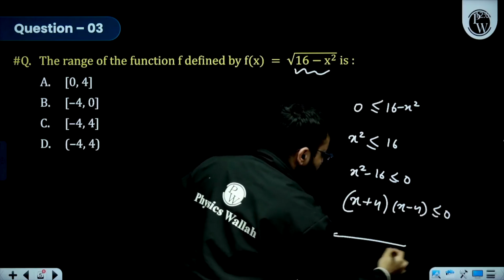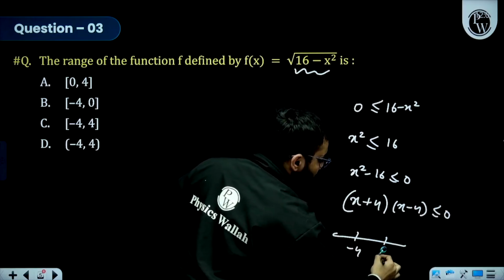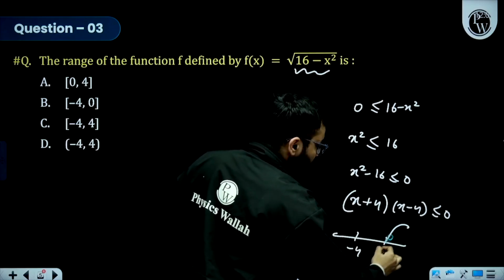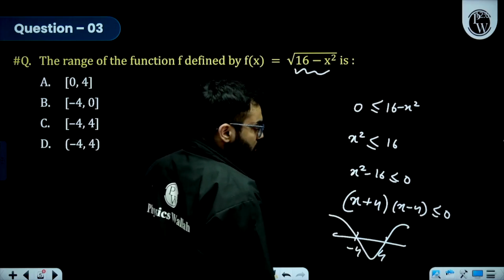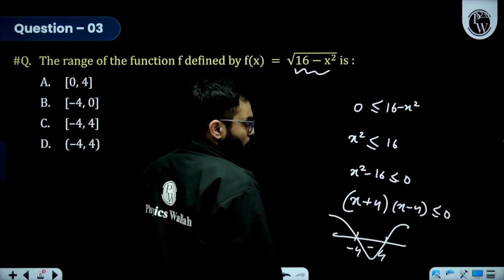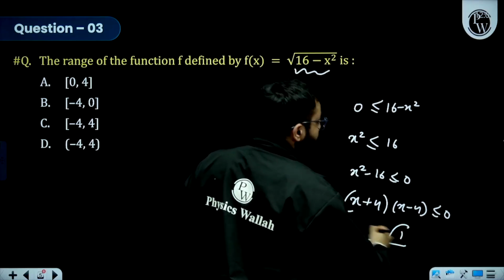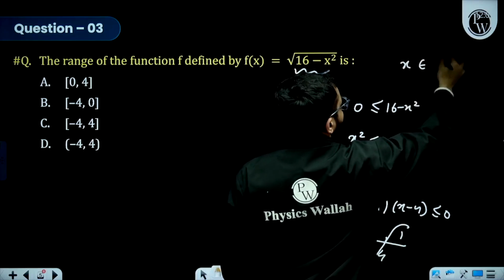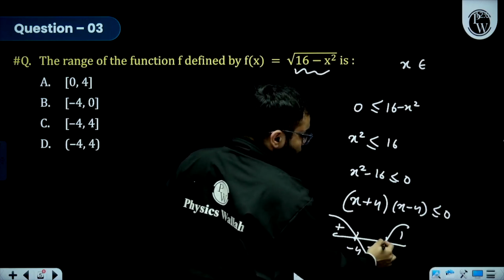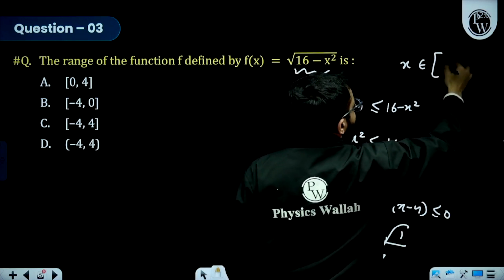We can make a wavy curve for this, with minus 4 and plus 4. The region that matters to us is this one. So x can take values from minus 4 to 4, where both minus 4 and 4 are included.